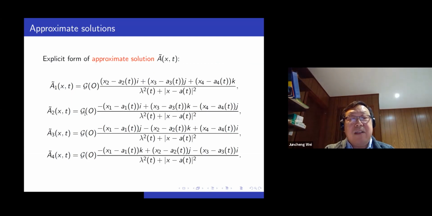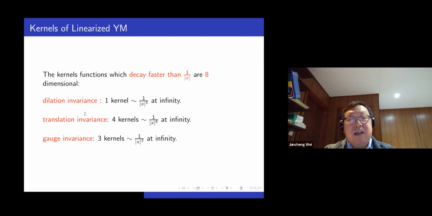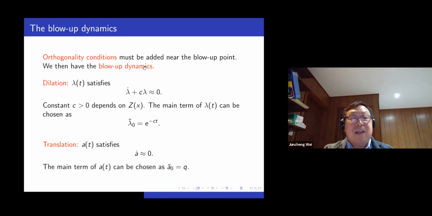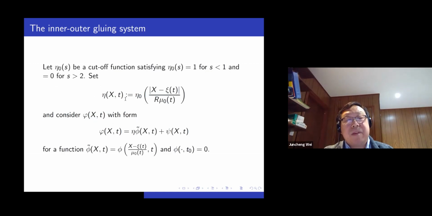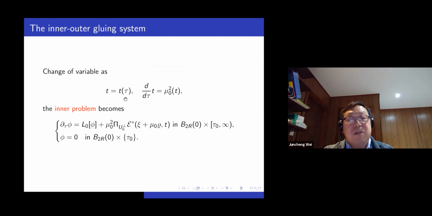And we found all the kernels, with decay, 8-dimensional kernels, and then we get 8 dynamic systems. Like the dilation and the translation, and then the gauge invariance, and this is the rotation, and also solve some ODE.